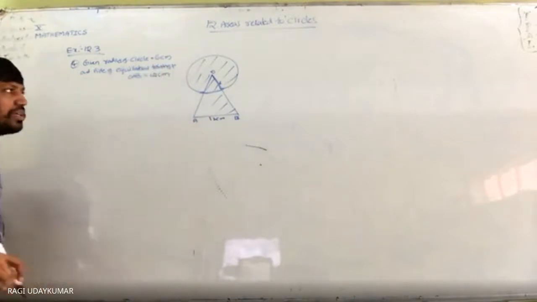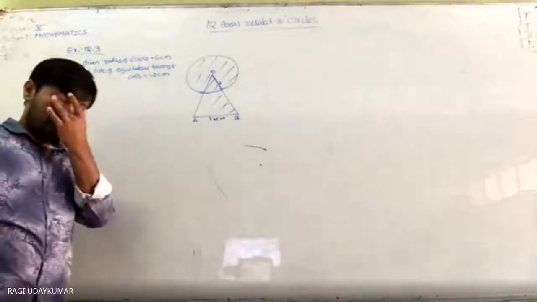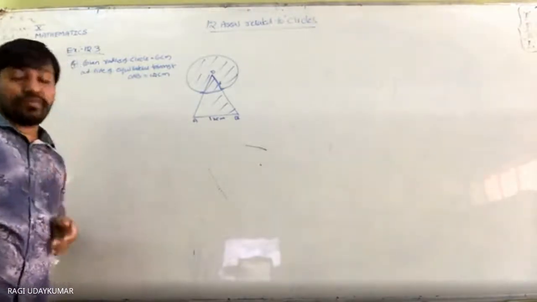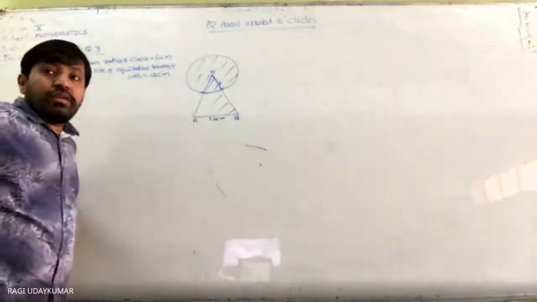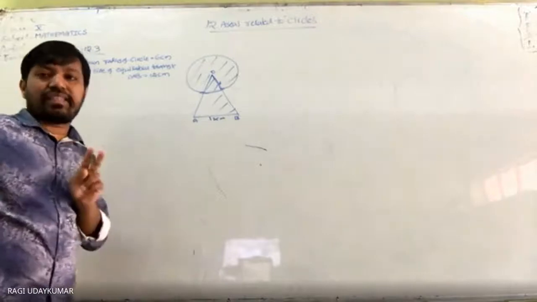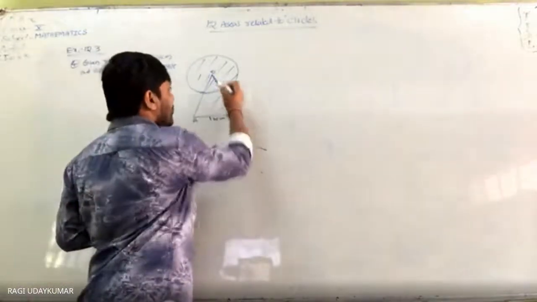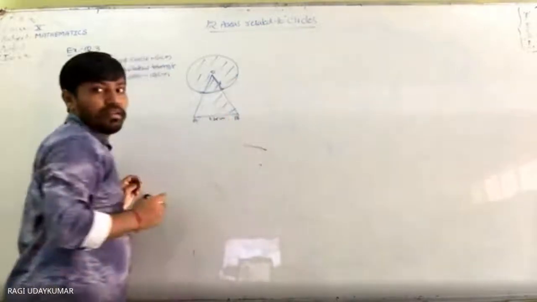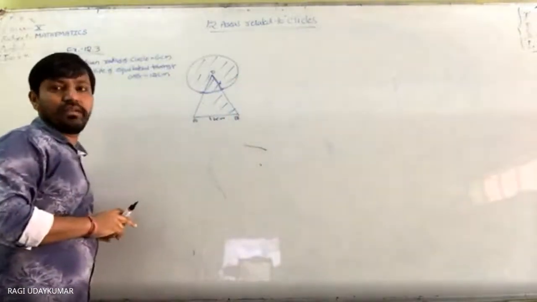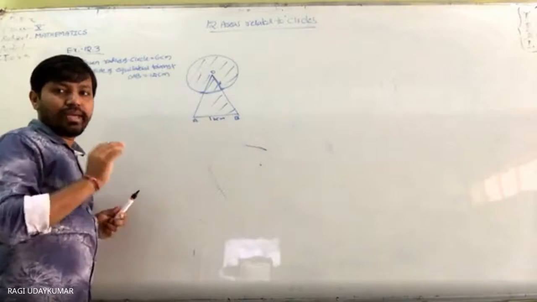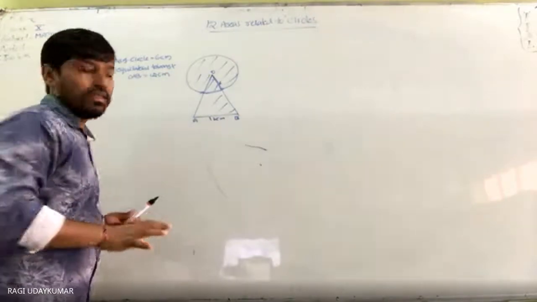Can you say what to do to find the shaded region area? Two ways are there. Area of the sector. See, this is an equilateral triangle, so how much will the angle be? 60 degrees. This problem can be done in two different ways.